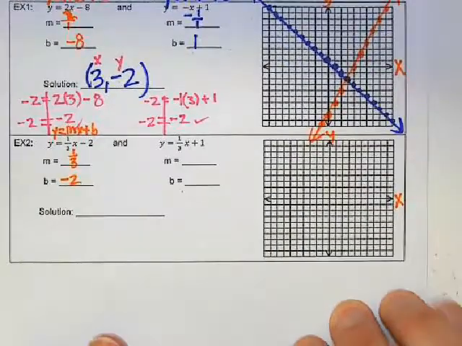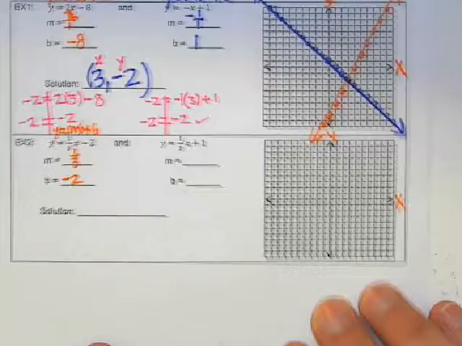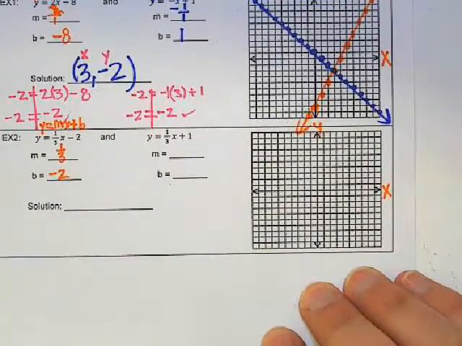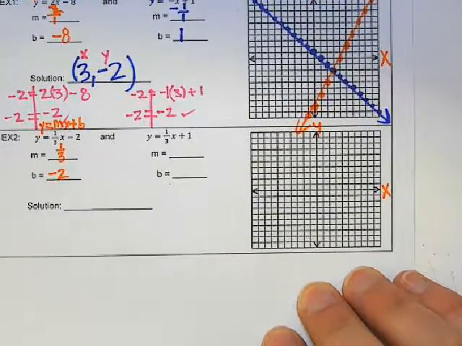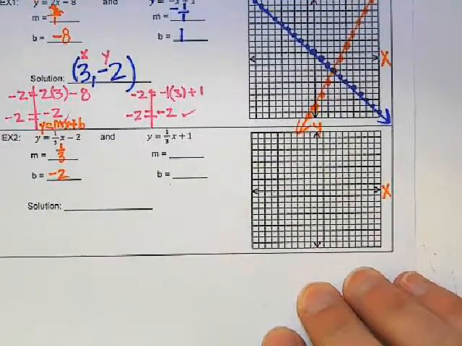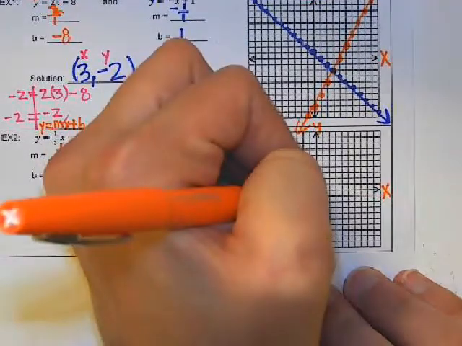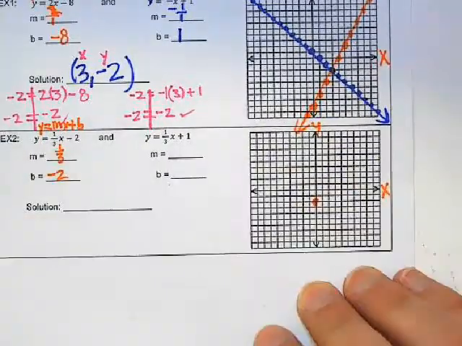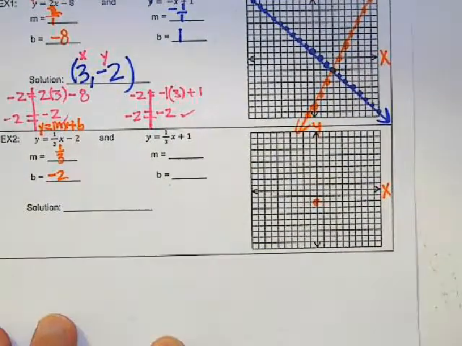Where do I start? B. Okay. B stands for? Y-intercept. So I'm going to go to my y-axis and put a dot on negative 2. My slope, is it positive or negative? Positive. So I'm going to go up 1 and then which way? Over 3. Right. Always right.